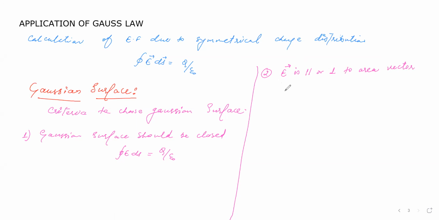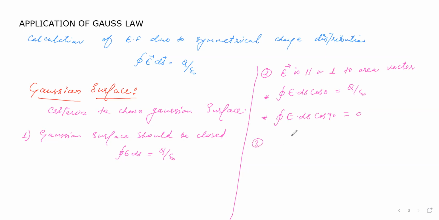If the electric field is parallel to the area vector, then E dot ds will be E ds cos 0 degree, which is equal to Q over epsilon naught. And if it is perpendicular, the angle between E and the area vector will be 90 degrees. The value of cos 90 is 0, so the total value will be 0.